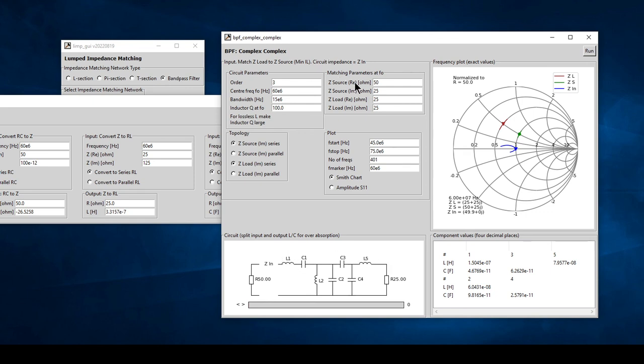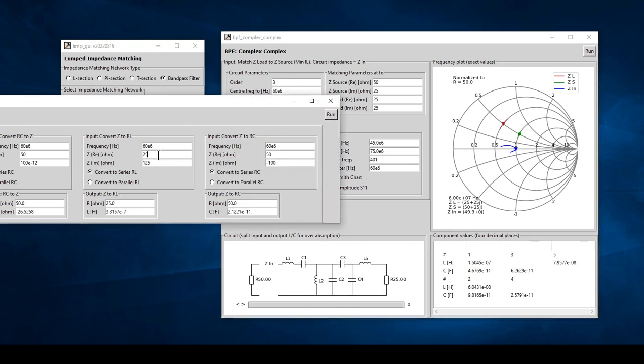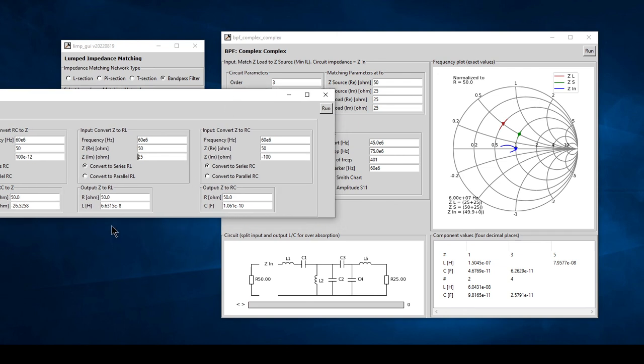Let's have a look at L1. L1 we have 50 and 25. And let's run. Okay, so here we have 66 nanohenry, and L1 in this case is a large value, so we have to split this up into the value of your source inductor, and the rest becomes part of your matching network.